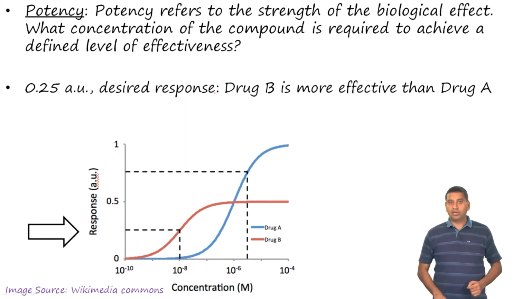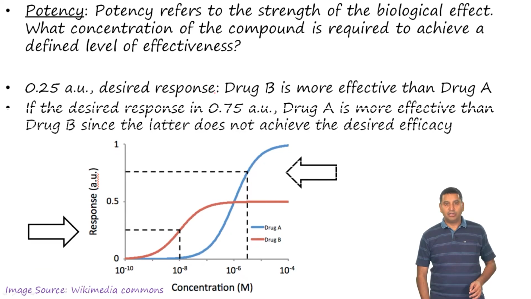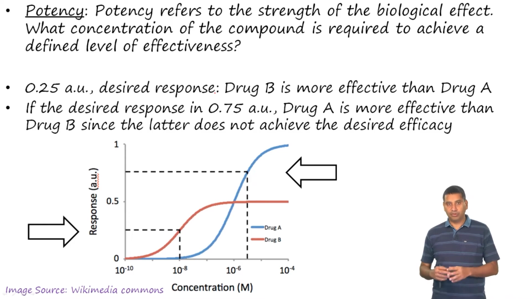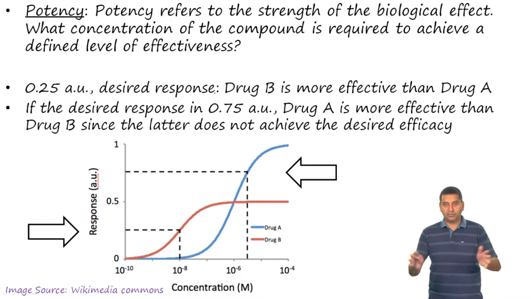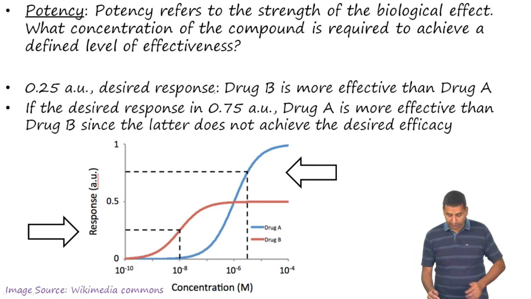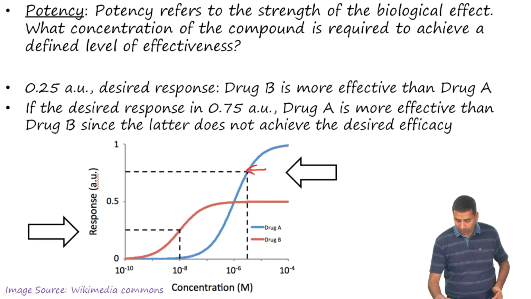Now, let us look at the same example, but where the desired response requires higher units. Let us say the desired efficacy is not 0.25, but actually 0.75, which is marked by this arrow here.